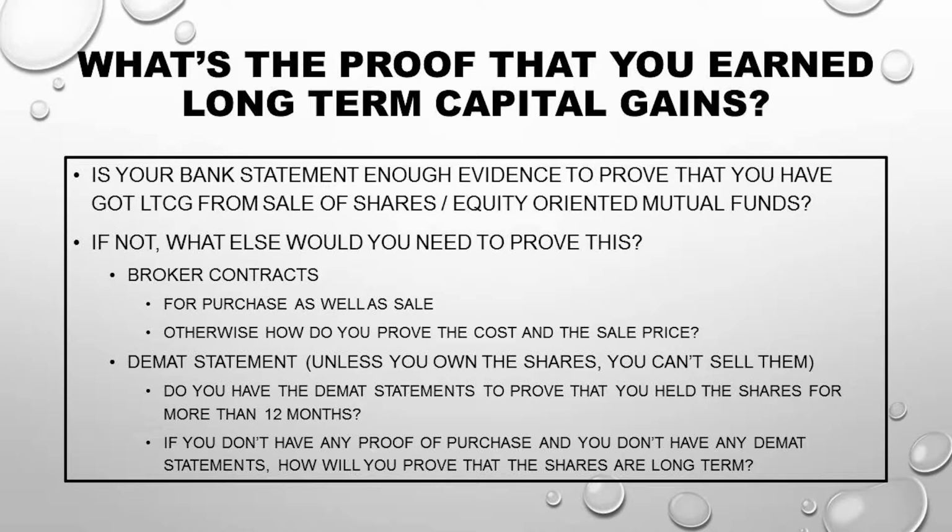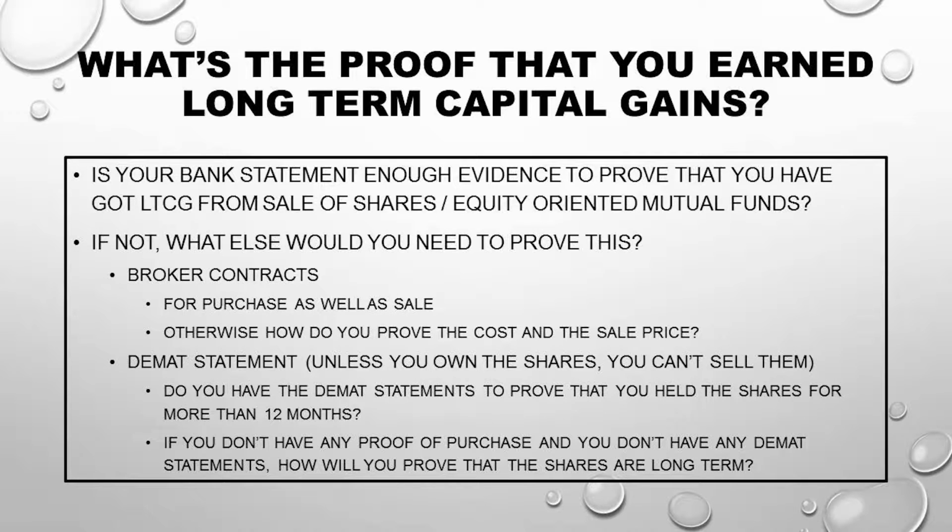Therefore, I don't really need to bother about when I bought it or for how much I bought it. This is a big mistake that a lot of people make. You have to have details of the purchase as well as the sale. Otherwise, how will you prove the cost and the sale price as well as the date of purchase and the date of sale? So broker contracts are the first option.